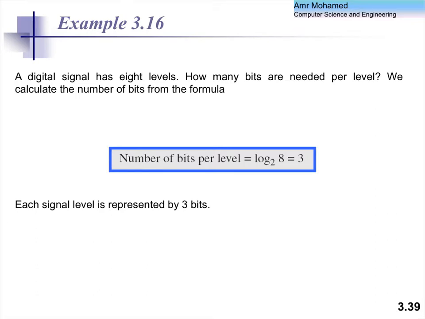So in other words, if a digital signal has 8 levels, this digital signal can represent three different bits. So if we have the ability to have 8 different voltage levels, we can actually represent 3 bits.